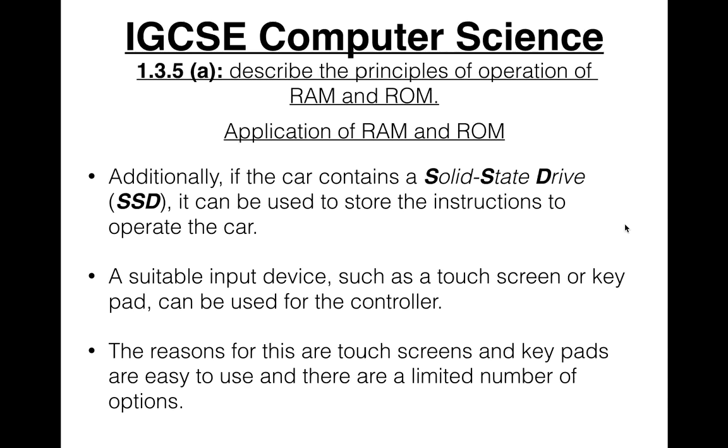So a touchscreen would be suitable because there aren't that many buttons, maybe 5 or 6, while a keyboard has quite a bit. So it's suitable to use a touchscreen or keypad. And also, they're easier to use because with a touchscreen you're seeing a button that says move forward, or an arrow or something like that. So it's simple to use. So that's pretty much it.